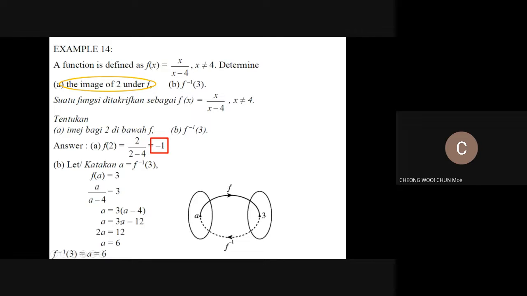I want to get A: 3A minus A is 2A equal to -12, bring over, becomes +12. So A equal to 12 divided by 2, you get 6. So inverse function f for object 3 equal to A, and A is equal to 6. So the answer is 6.